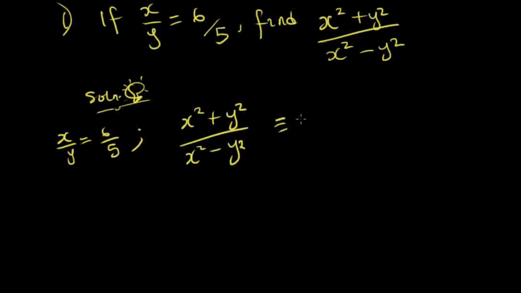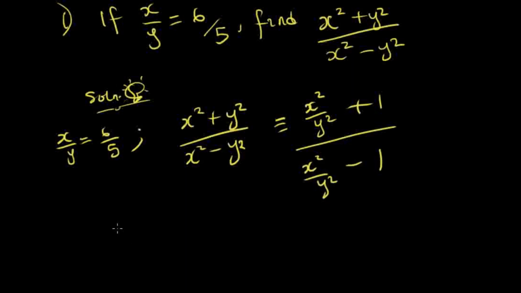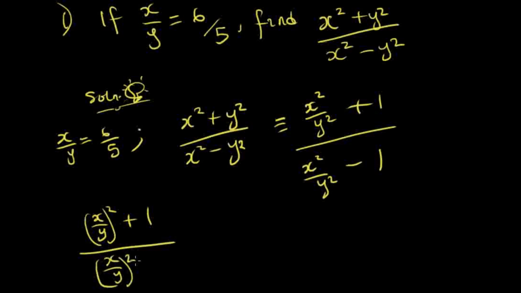So in dividing through by y squared, you have x squared over y squared plus 1, divided by x squared over y squared minus 1. So let me come over to this line. x squared over y squared can still be transformed as x over y all squared plus 1, divided by, and the same thing will apply to the denominator, x over y all squared minus 1.